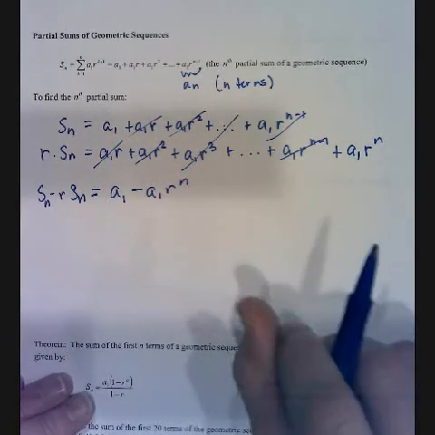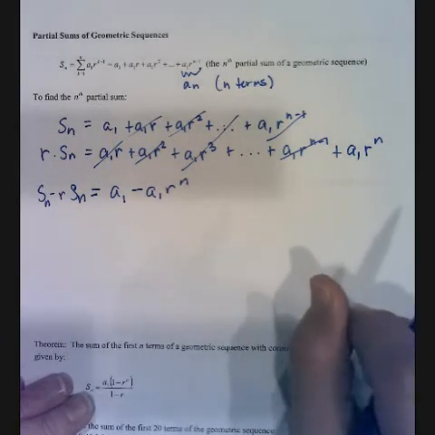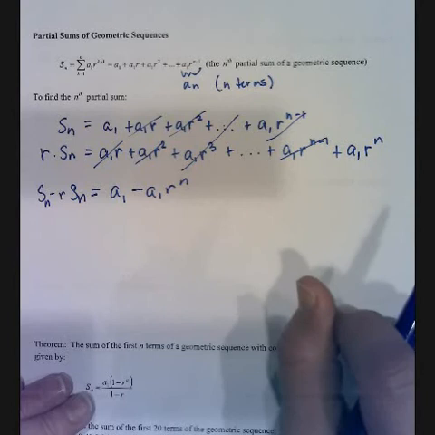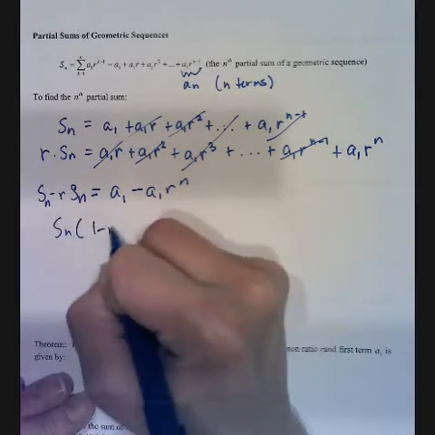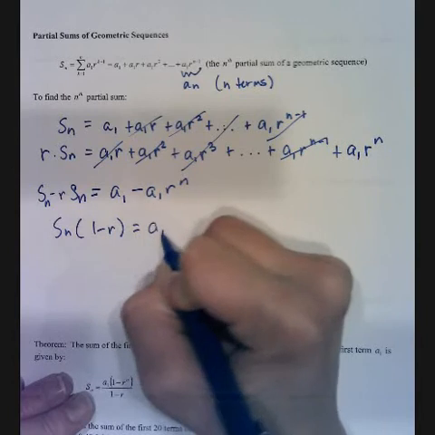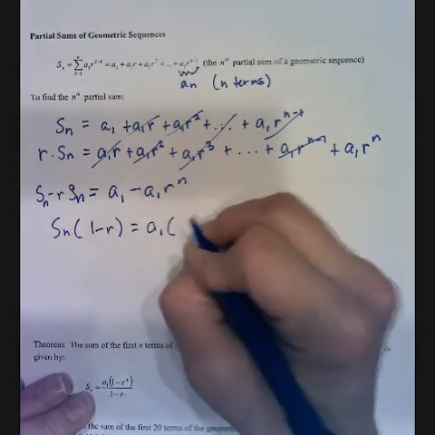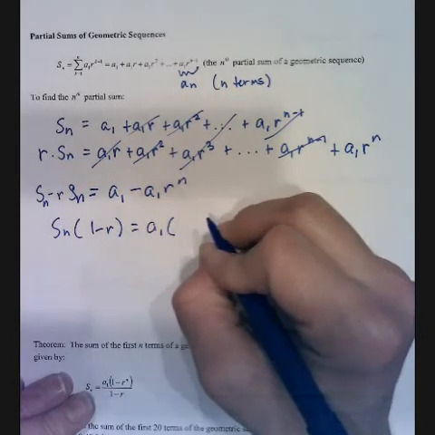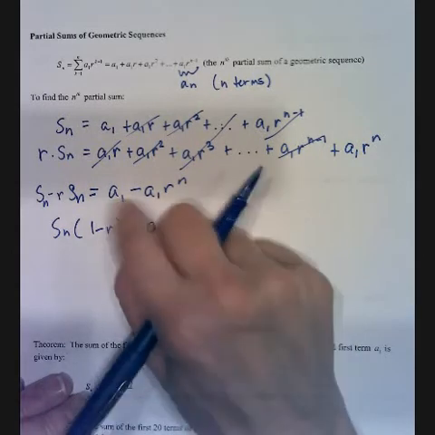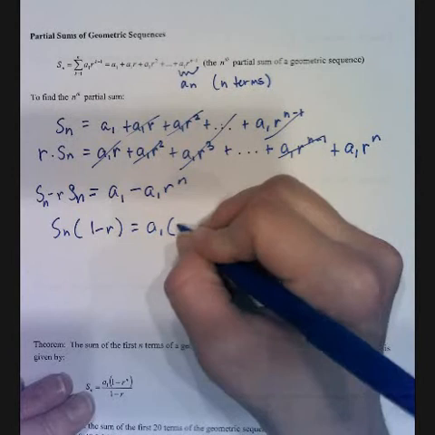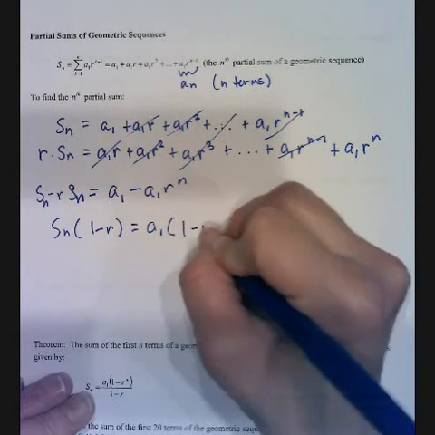Now we can get our formula for s sub n by factoring s sub n out. I was going to wait to do this till the end, but I'll do it now. We can also factor a sub 1 out here. So we get 1 minus r to the n.